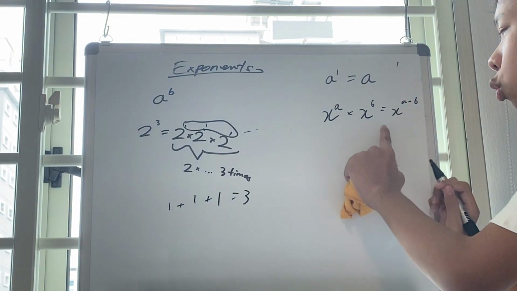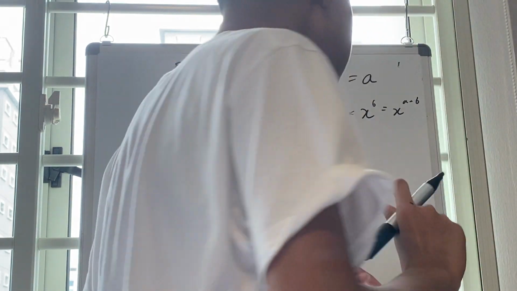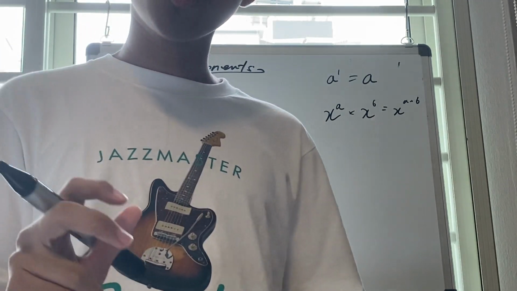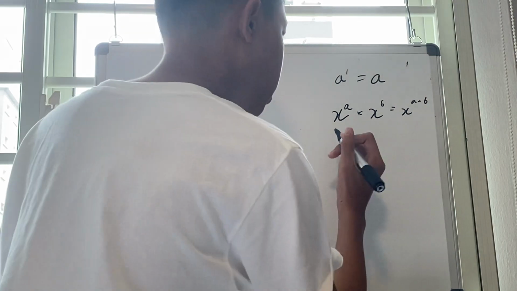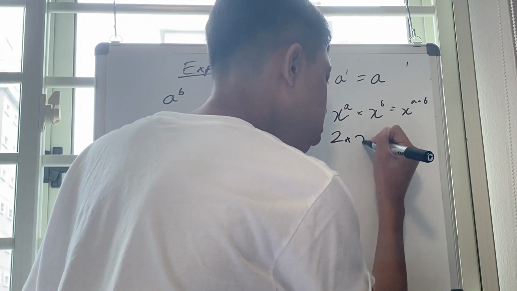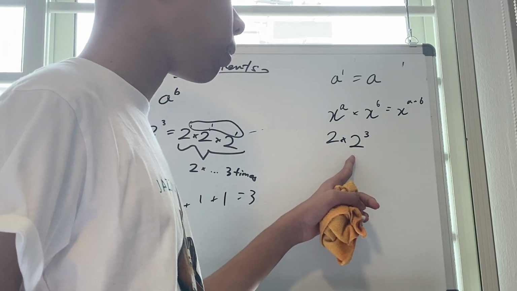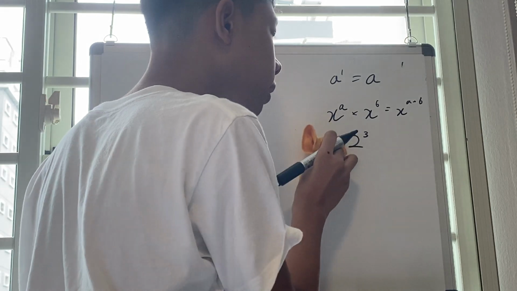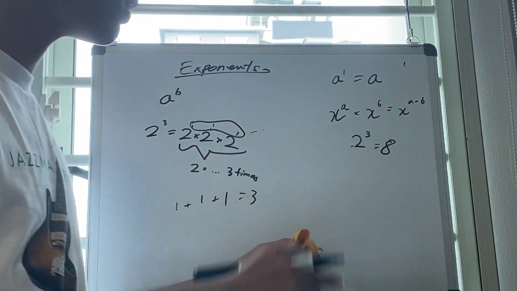Let's try to show this by example. Say that we have 2 times 2 cubed. 2 cubed is 8. If you key that on your calculator, you'll get 8.